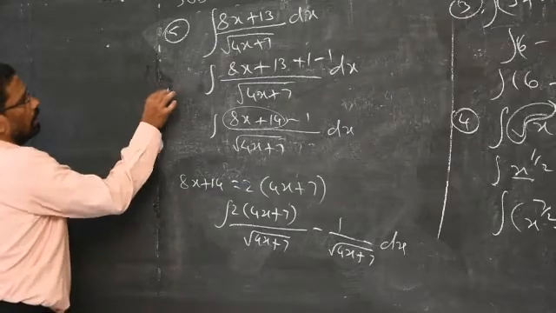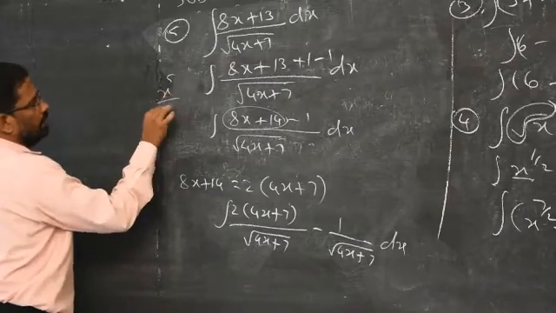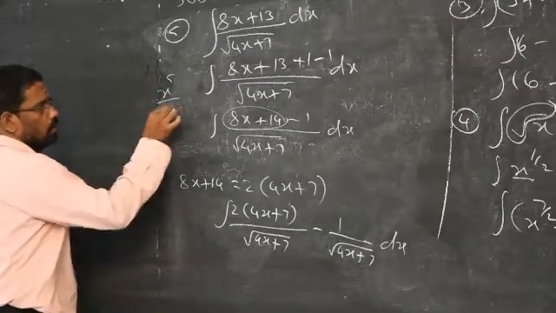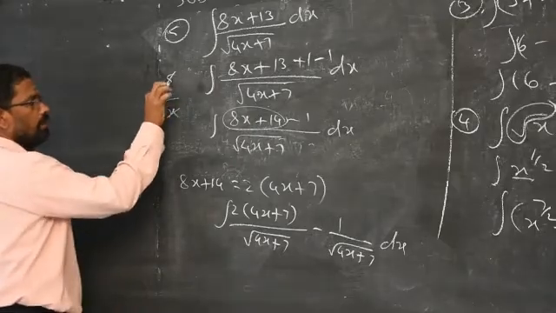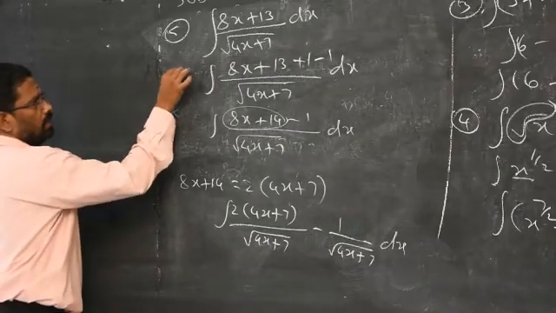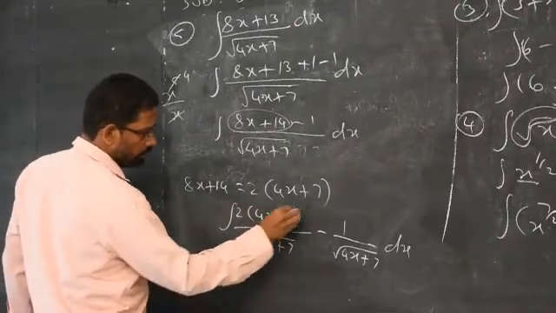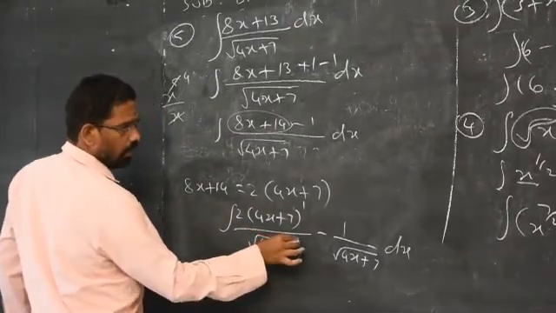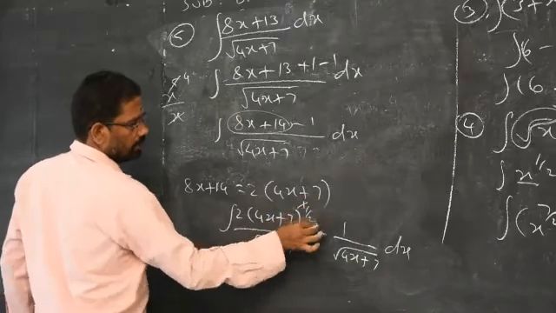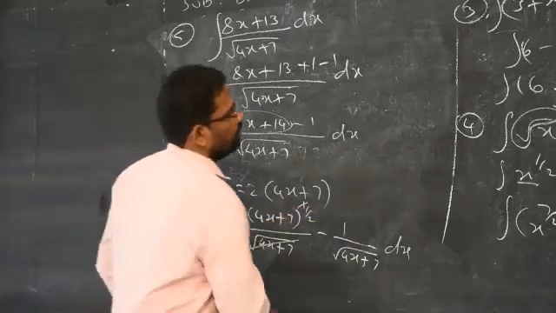x power 5 by x, you are simplifying, that is you are subtracting the powers. 5 minus 1, it is 4. Likewise, you can simplify this power 1, here power half. So when you cancel, what is the remaining power? Half.